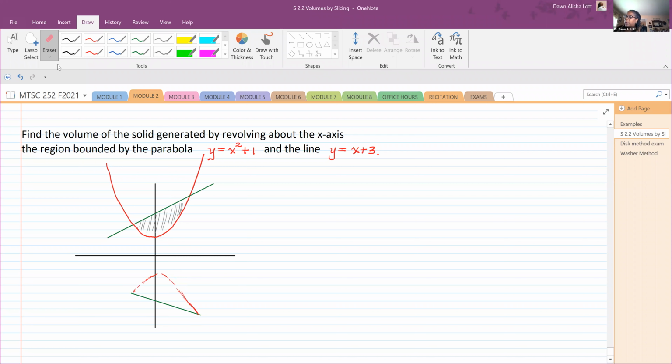All right, so therefore, now what are you going to do? We're going to make circles around the x-axis. So we're going to choose an x, find its value and make a circle.